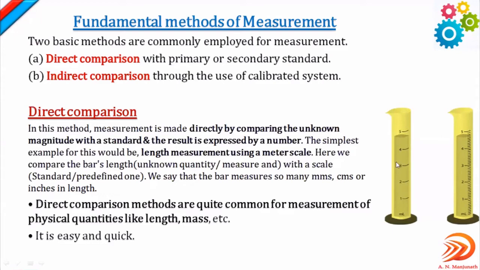These markings act as the standard, and the amount of fluid or liquid present here becomes the unknown quantity. Comparing this unknown with the markings, which are the standard, you express it in terms of a number: 40 ml, 50 ml, 60 ml. That result is direct comparison.